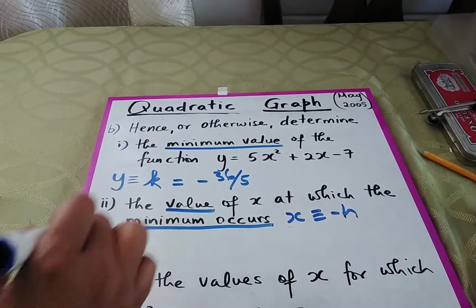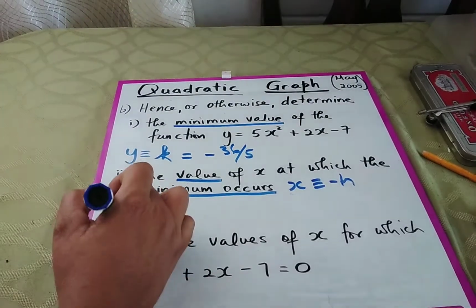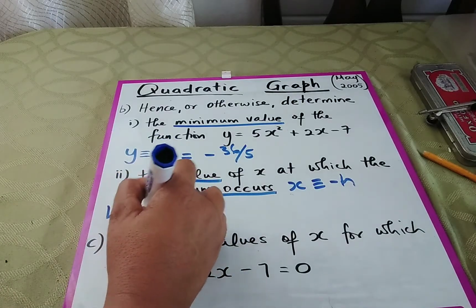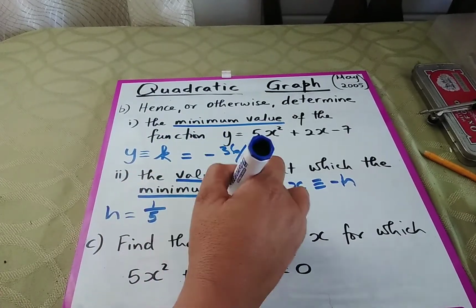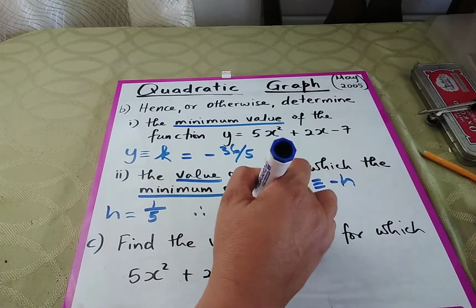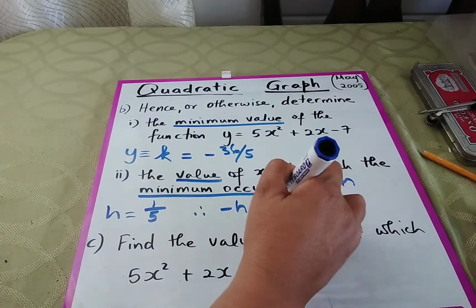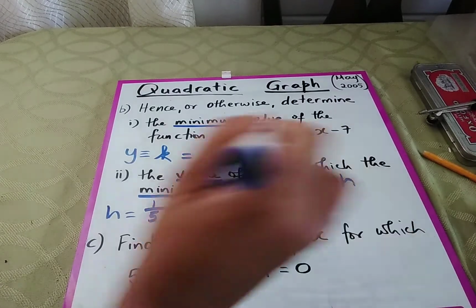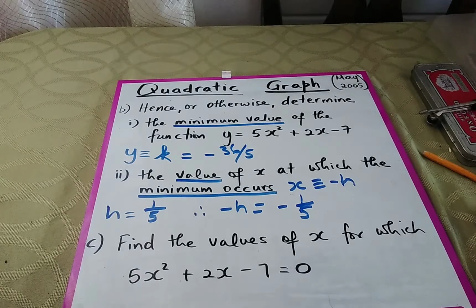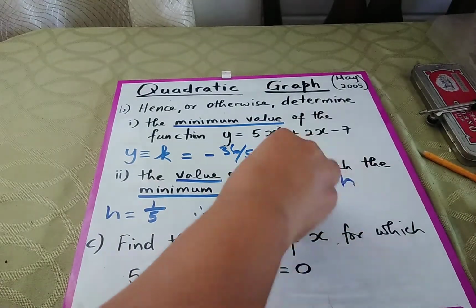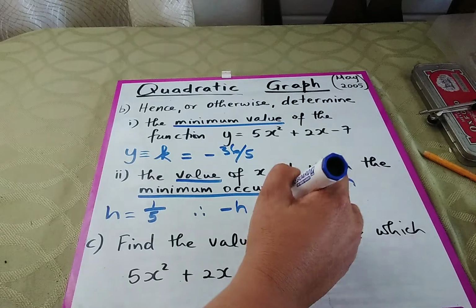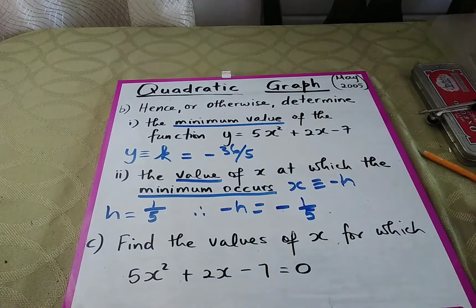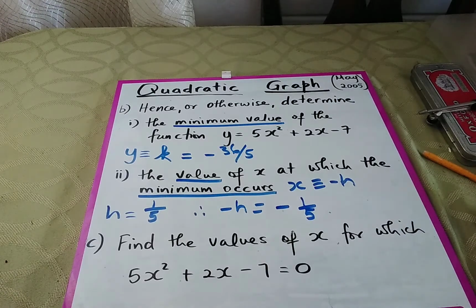We worked out the h value, and the h value was equal to 1/5. So therefore, the minus h value would be equal to negative 1/5. This part is the tricky part that you need to remember. Minus 1/5. And that's it for the A and B question.